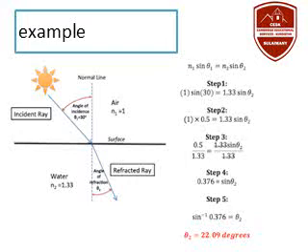Snell's law helps us to find theta 2. As I said, n1 is given, n1 equals 1, sine theta 1, theta 1 is 30. This is theta 1, the angle of incidence. Then 1.33, this is n2, sine theta 2.